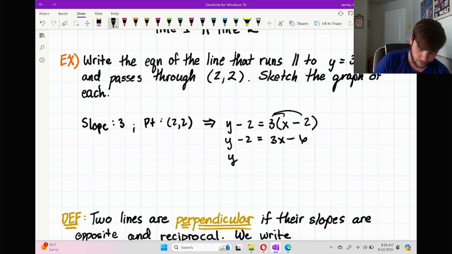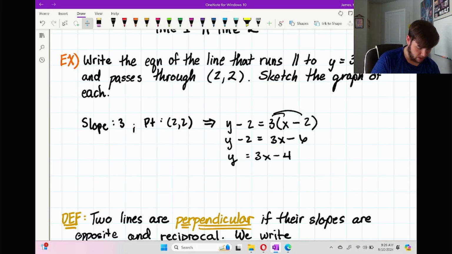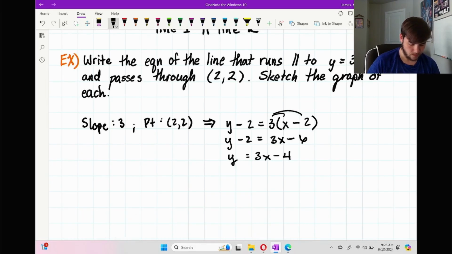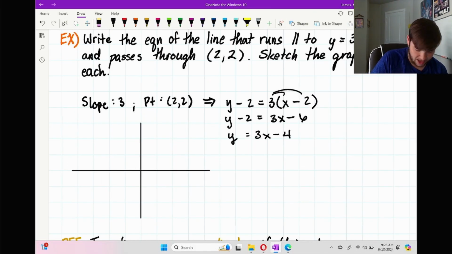Adding the 2 over, I get y equals 3x minus 4. I'm going to give myself a little bit more room here so we can sketch the graph. And here, I'm going to count by 2's.